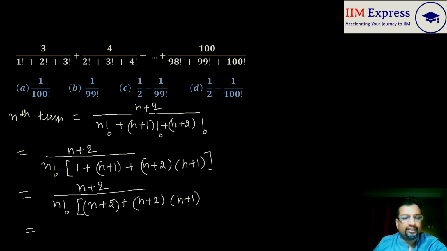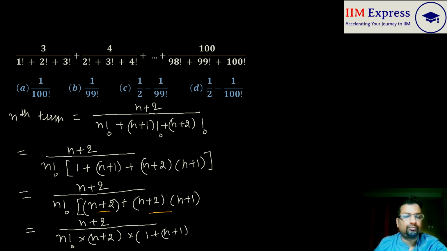Then the numerator is again the same, n plus 2. In the denominator, n factorial, and we can take one more common, which is n plus 2. Take n plus 2 common from this one and this one. So if I take common n plus 2, in the bracket it becomes 1 plus n plus 1, right?